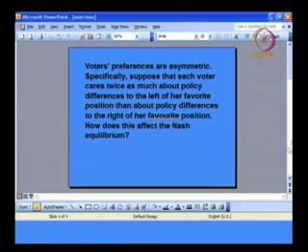It may happen that a voter may dislike the candidate to his left more than the candidate to his right. So, he can have a stronger dislike for leftists than for rightists and vice versa. And we are going to show that that is not going to change the conclusion of the model. So, this is the exercise.